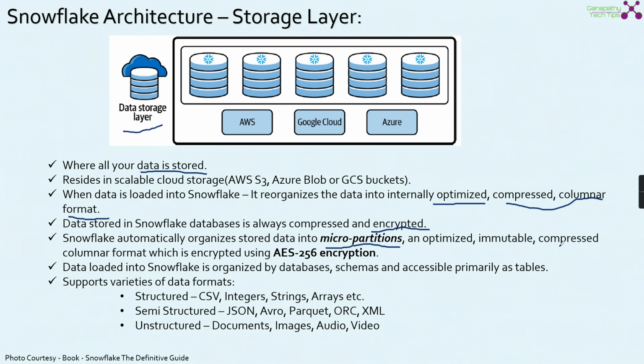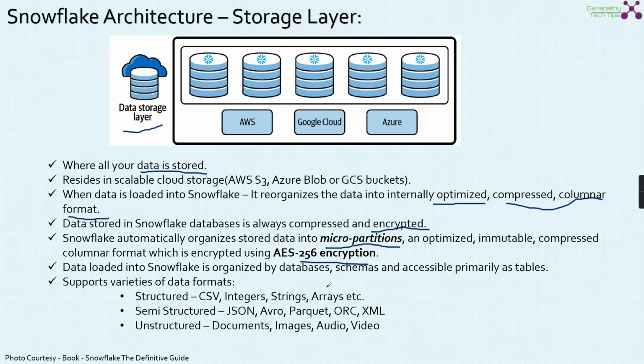Again, an optimized, immutable, compressed columnar format, which is encrypted using AES 256 encryption. It's common stuff, as we already discussed encryption. Micro partitions means it's a partitioning of big data. It will chunk the data into multiple partitions.